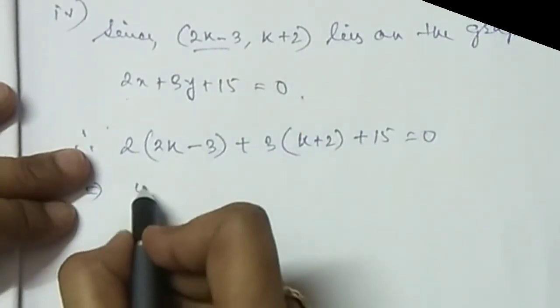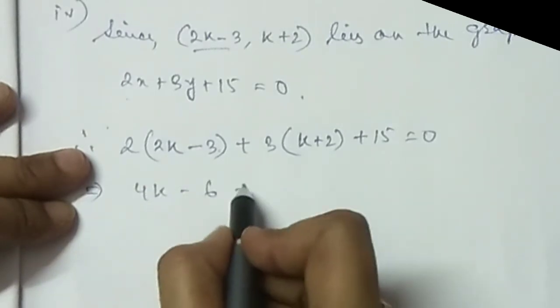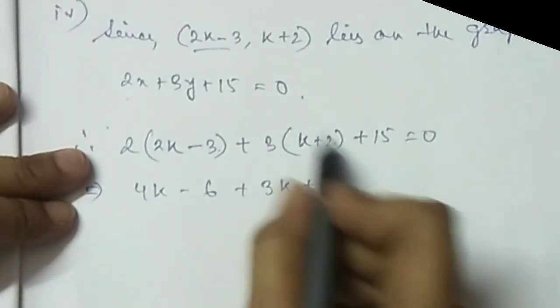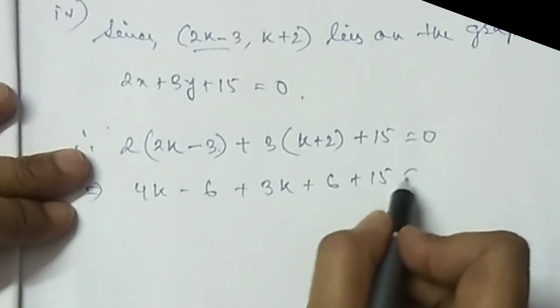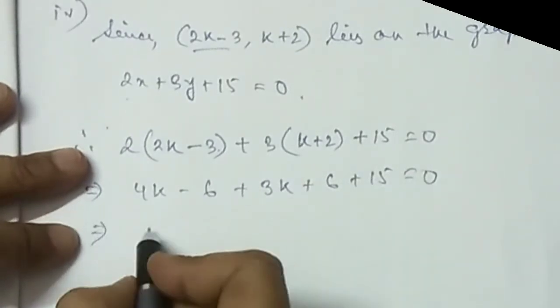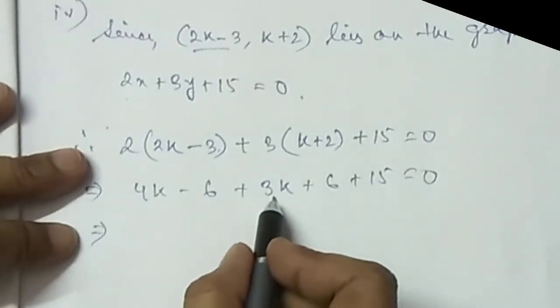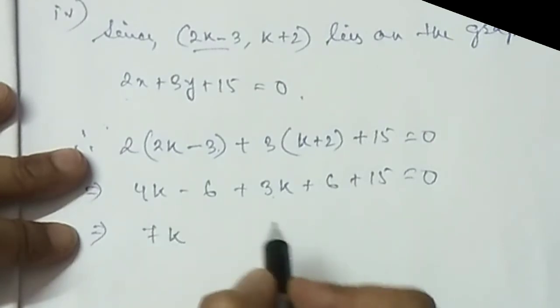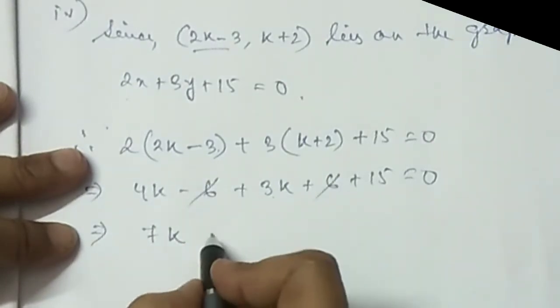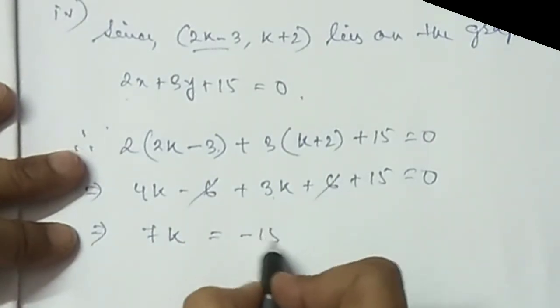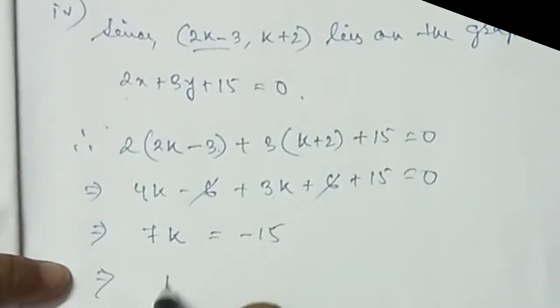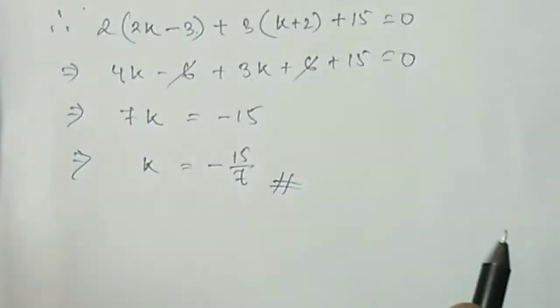Therefore 2 times 2k is 4k minus 6, 3k plus 6 plus 15 is equal to 0. 4k plus 3k, 7k, the 6s cancel, 15 shifts here, k is equal to minus 15 by 7. Here is the answer.